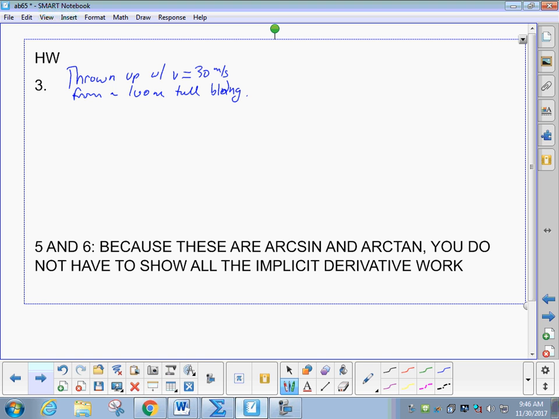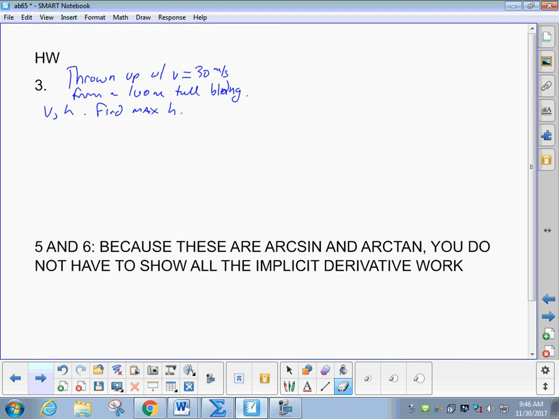Give me equations for velocity and height and find the max height. Will you try that on your own?